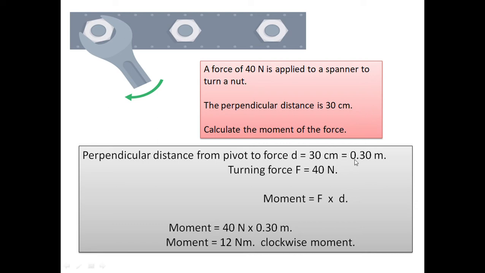Then you get 0.30 meters. The turning force is 40 Newton. Then the moment, you have to write this, moment equals F into D. You must write because you gain marks for these. If you don't write, no marks. Moment equals 40 Newton into 0.3. Then the answer is moment equals 12 Newton meters. It's clockwise moment. Now you can see this arrow, it is clockwise moment.